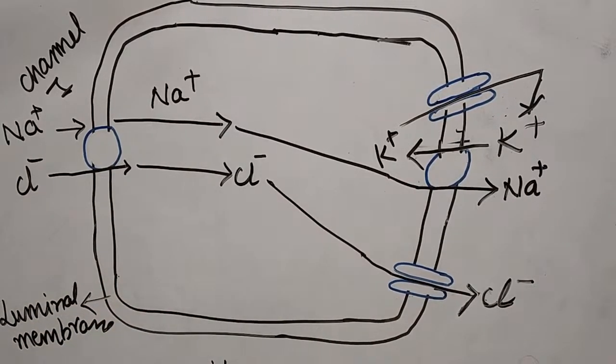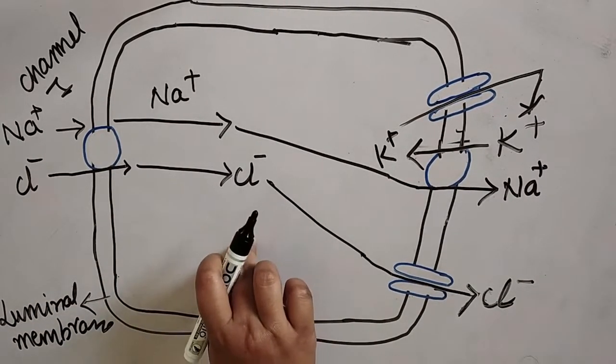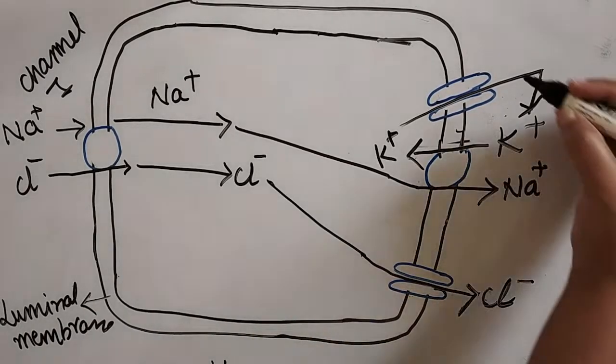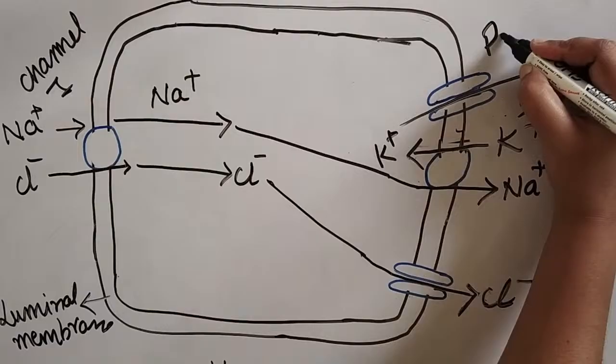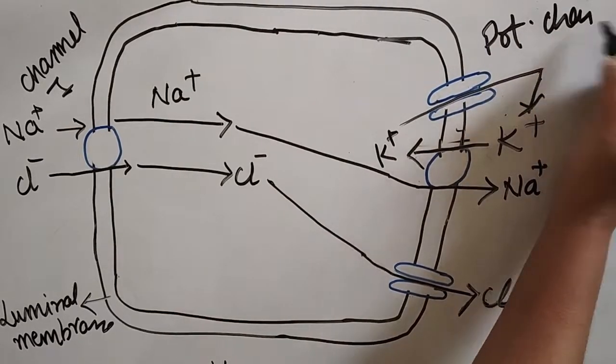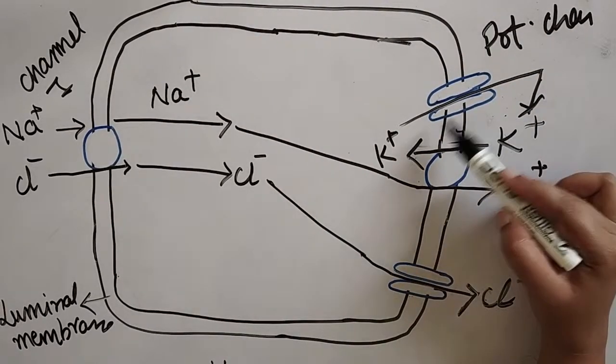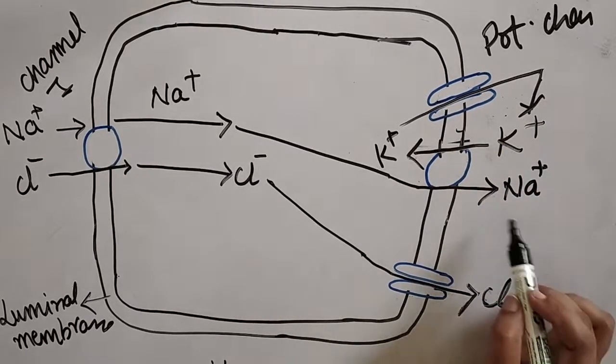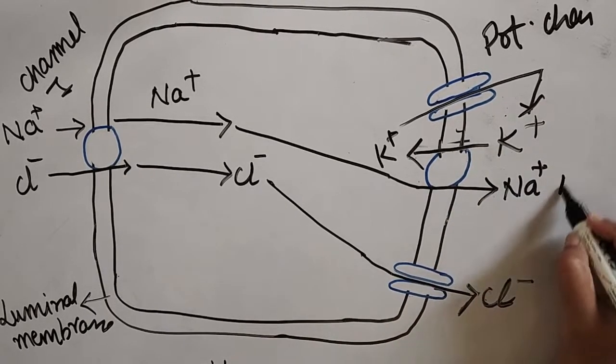Here you can see again 3 channels. One is the potassium channel, through which potassium can go outside from the DCT portion, and this is the sodium potassium ATPase channel.